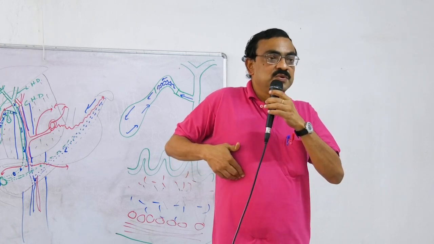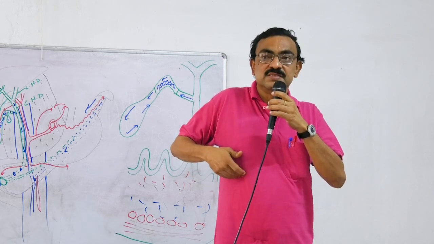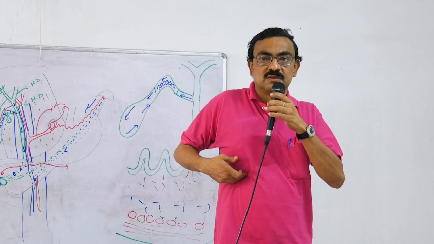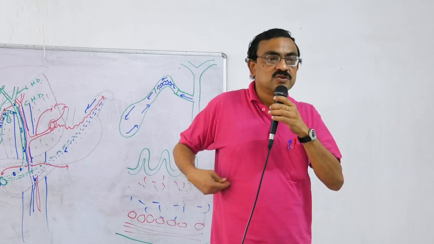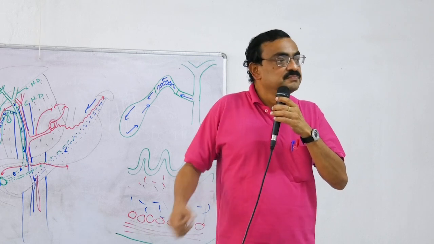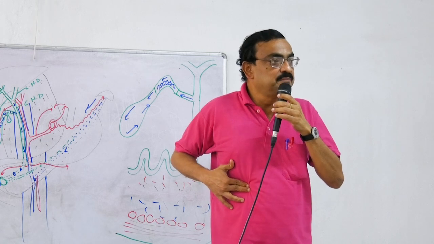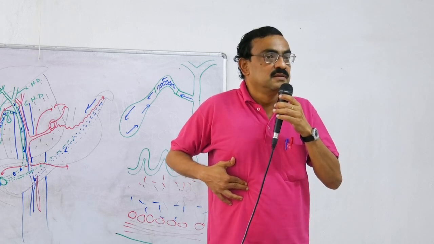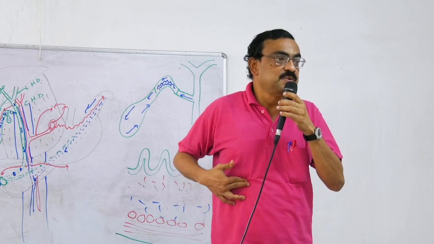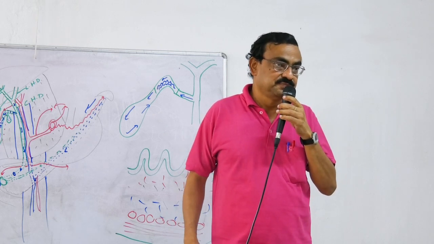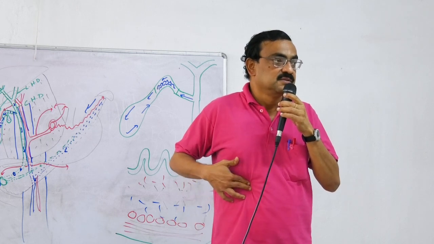This is the junction between the right border of the rectus abdominis and the ninth costal cartilage. Or rather, you can say this is the right costal margin. If you press it here, then you will get a sudden pain on inspiration, catching the inspiration. That is Murphy's sign.